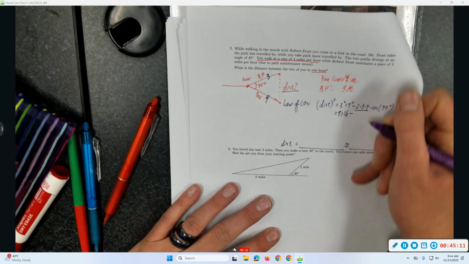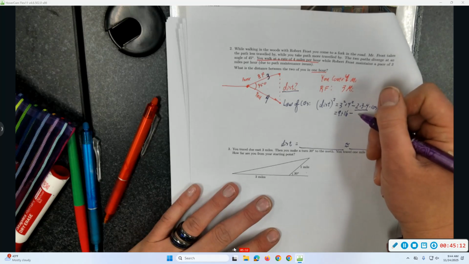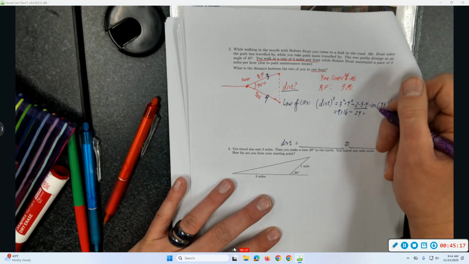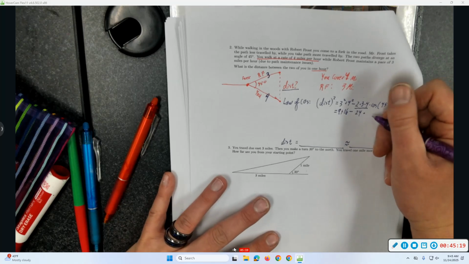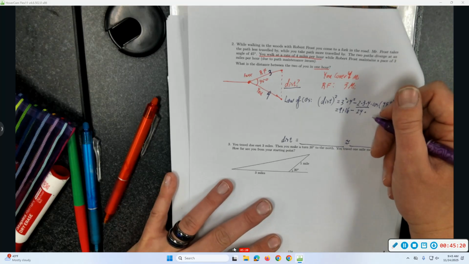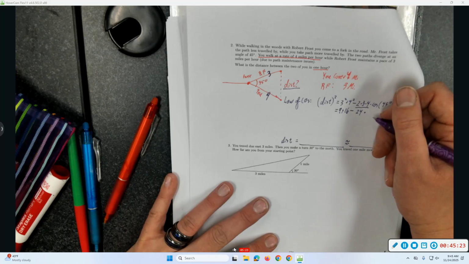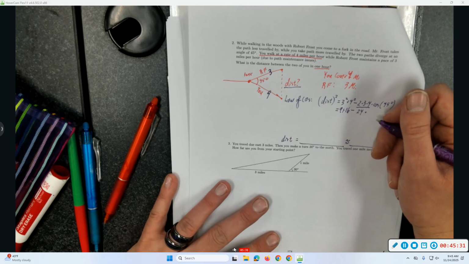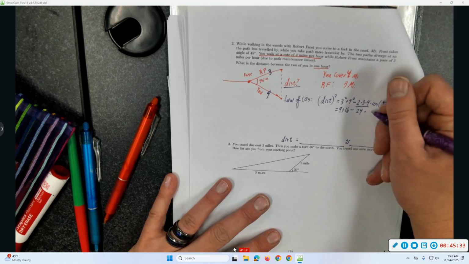Minus 2 times 3 times 4 is 24, exactly the thing I screwed up and said 48 on there. Cosine of 45 degrees is root 2 over 2. Root 2 divided by 2. You said it was bigger than 1, so it's not a possible value for cosine.